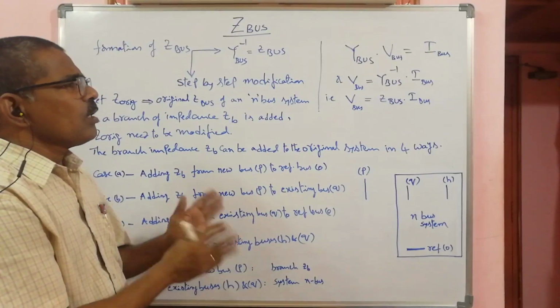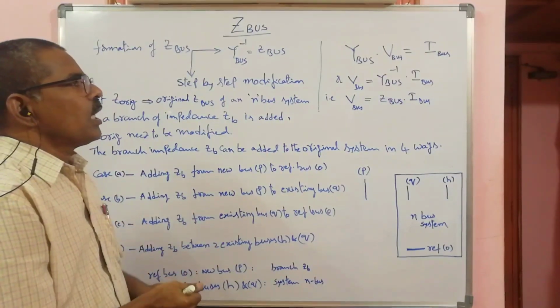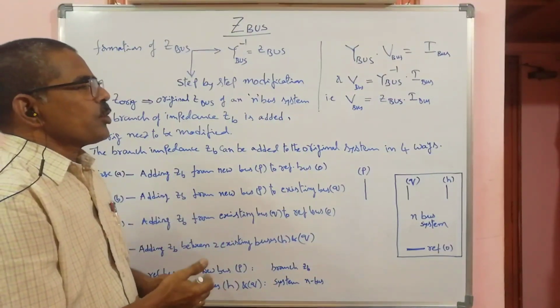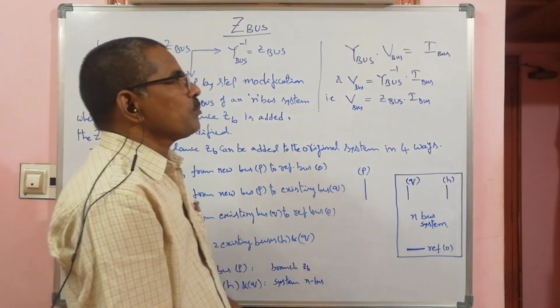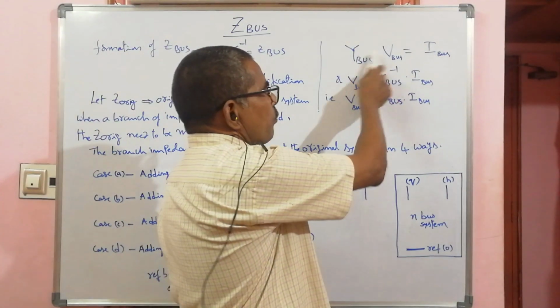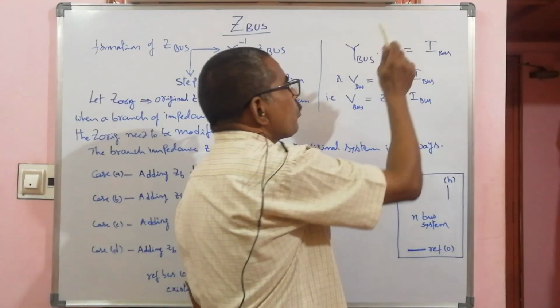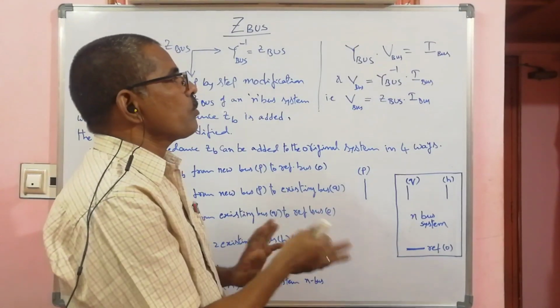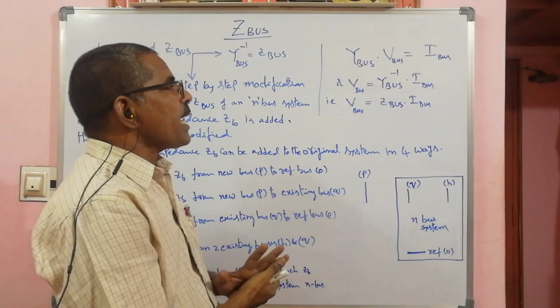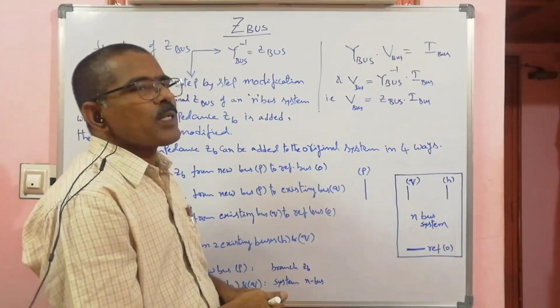Why I am particularly doing this is, you should never use this as a normal multiplication. You cannot say from this equation V bus is I bus into Y bus inverse, which is absolutely wrong, because you must also see the matching of matrices or the dimensions.